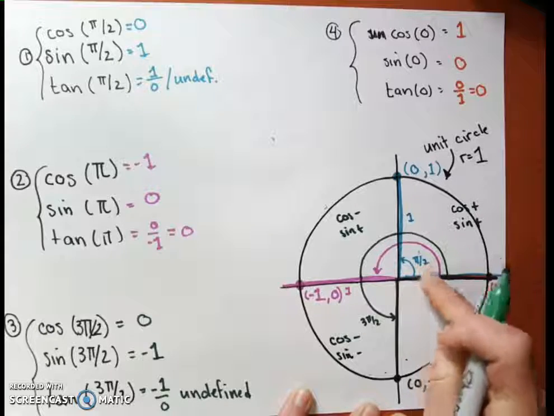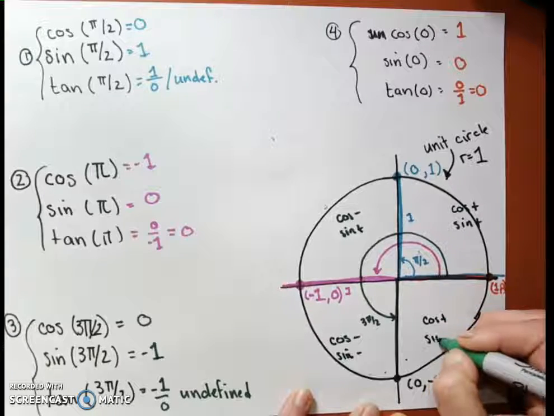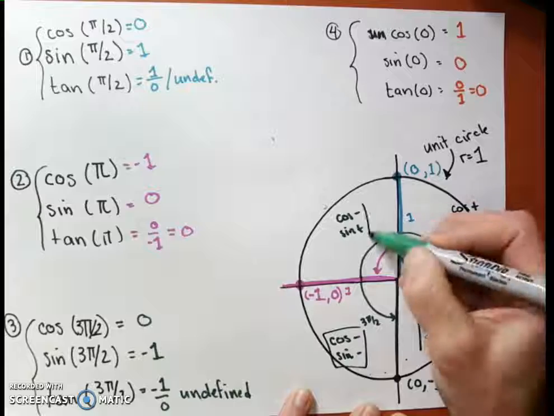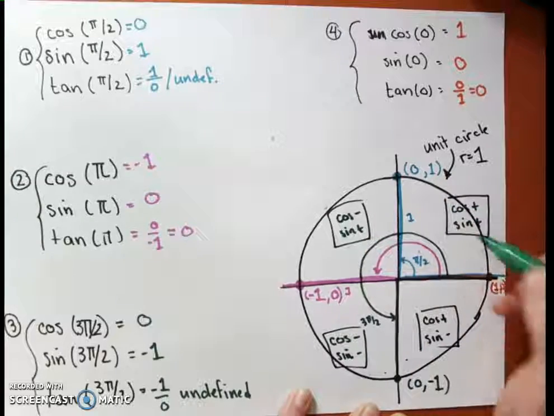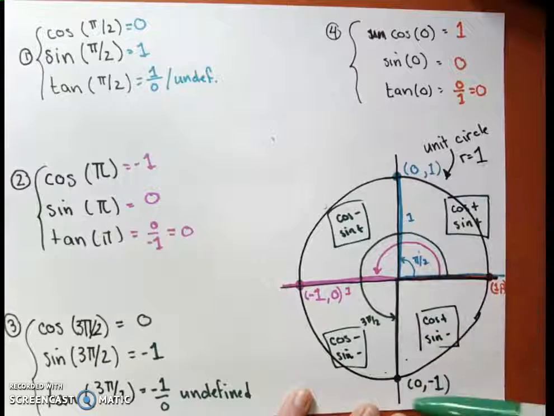And in the fourth quadrant, we have positive x's and negative y's, so cosine is positive and sine is negative there. So that's just one example of some observations that we can make about cosine and sine based on this definition, thinking about it in the unit circle.